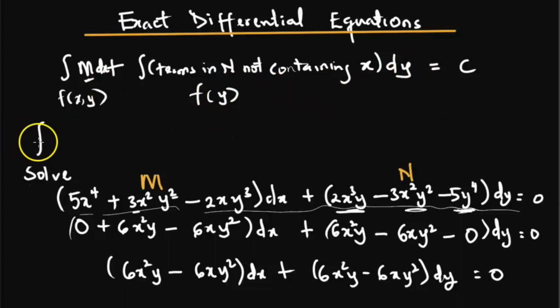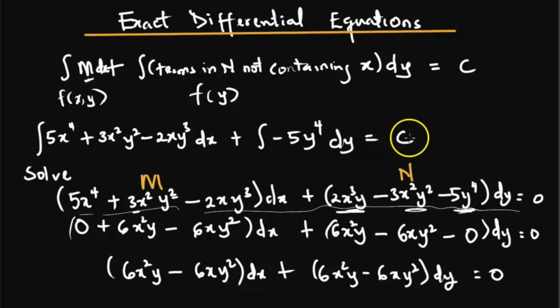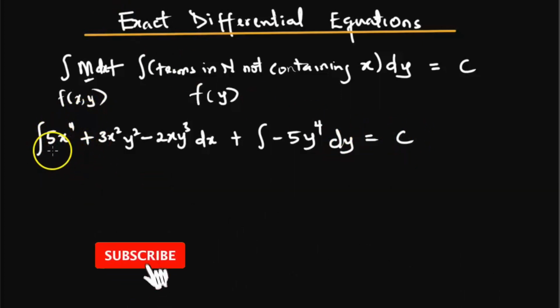So we have the integral of (5x^4 + 3x^2y^2 - 2xy^3) dx, plus the integral of -5y^4 dy equals c. Now let's integrate. You add 1 to the power, divide by the new power.